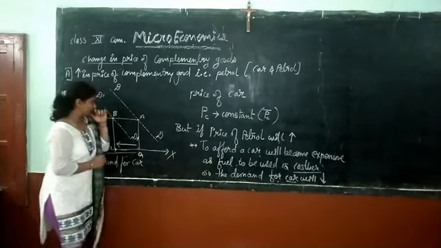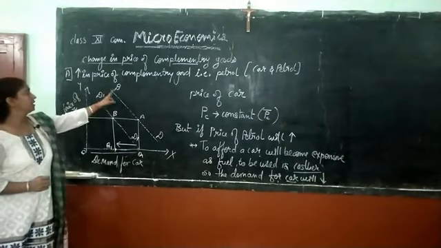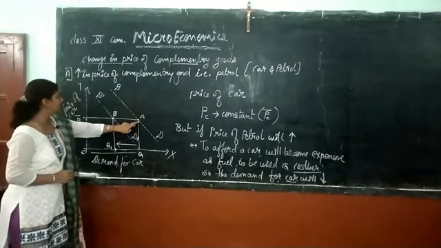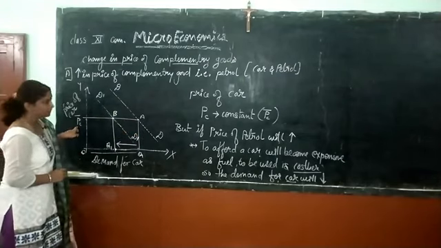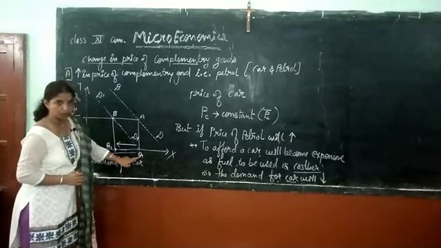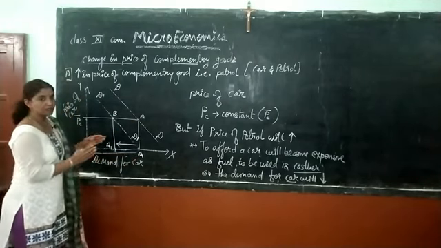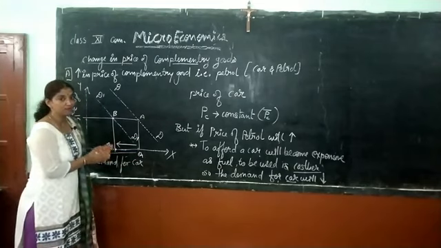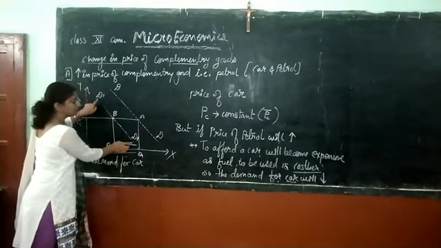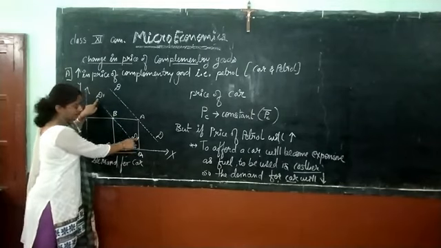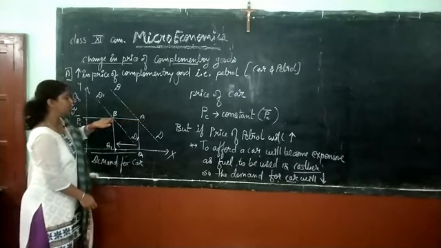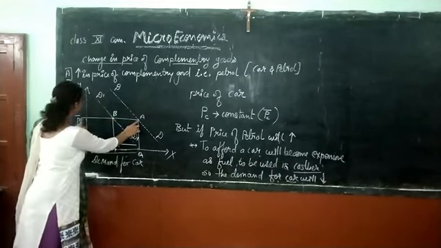So this is the demand curve for the car, DD, the initial demand curve, and we assumed that the price is PC and the demand for the car in the consumer market is OQ. But because of the increase in the price of petrol, the demand for the car is reduced, and the new demand curve is D dash, and now the consumer has shifted from point A to B, because the price remains constant.